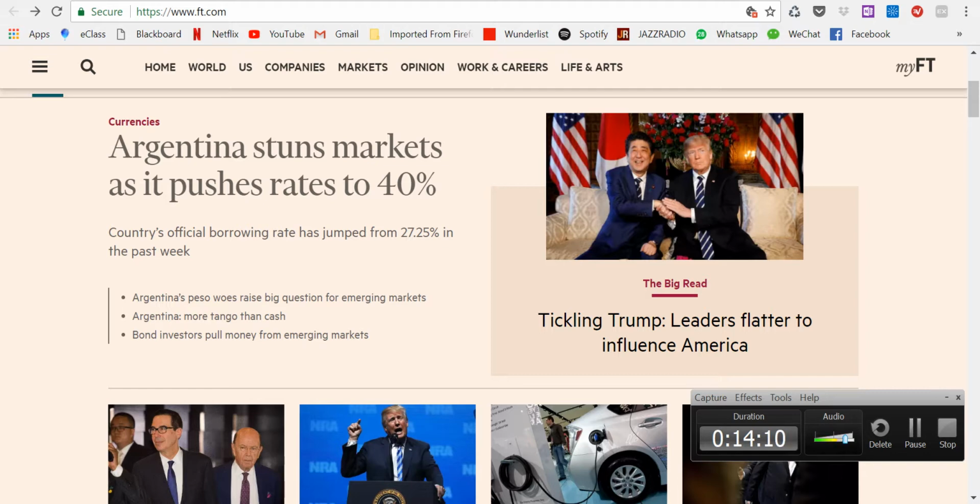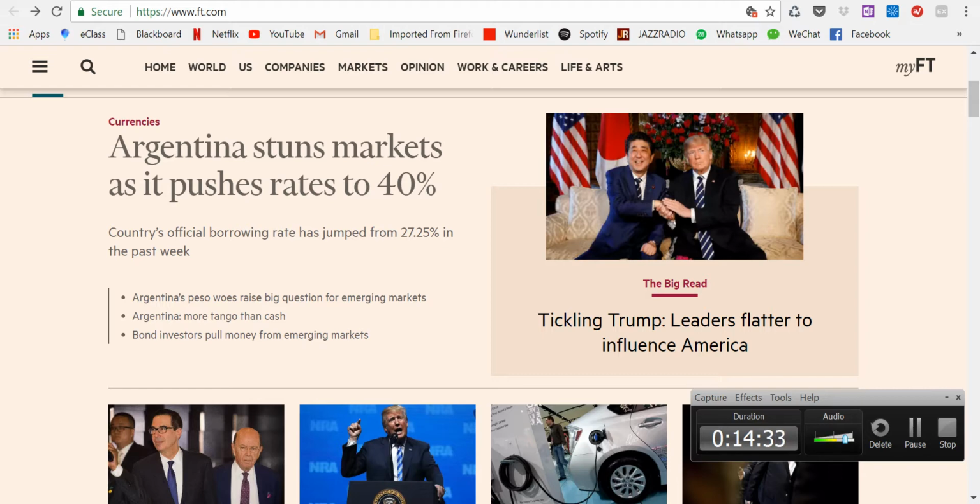But anyway, in Argentina, look, 40% seems like a lot. You put in $100 in a bank, a year later they give you back 140. Sounds fantastic, okay? I'd be happy with 4%, never mind 40. The problem is, look at the inflation.